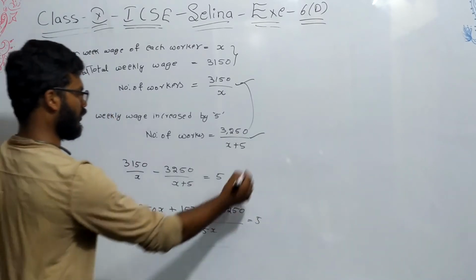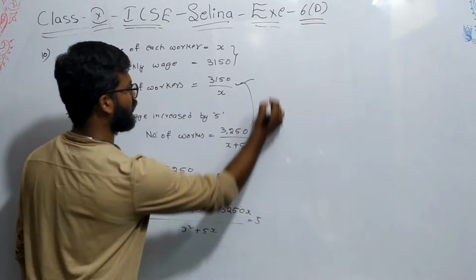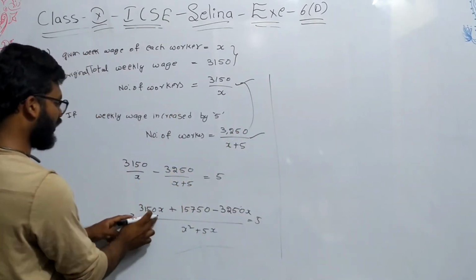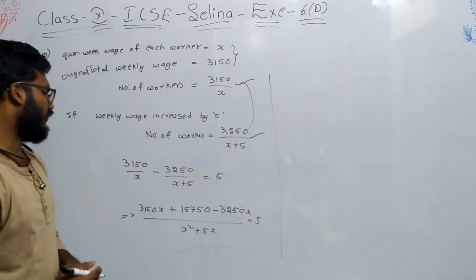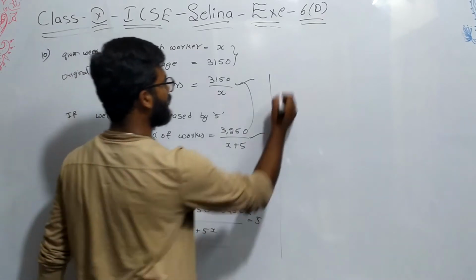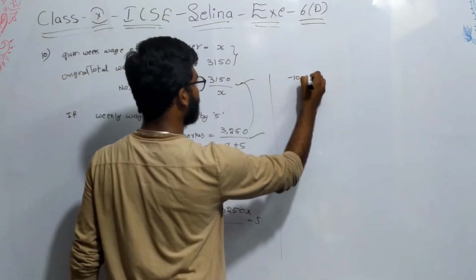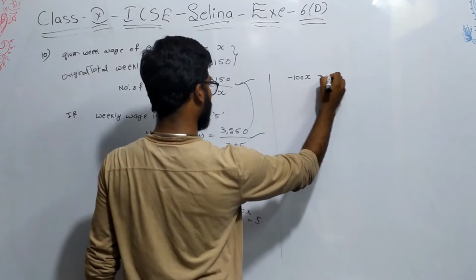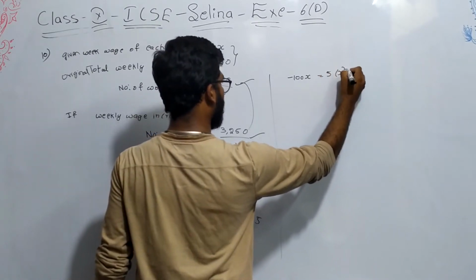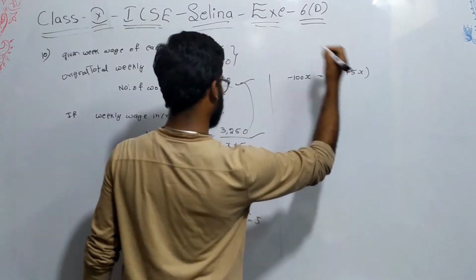So now if you solve this, 3150x minus 3250x is minus 100x. So 15,750 minus 100x is equal to 5 into x square plus 5x.